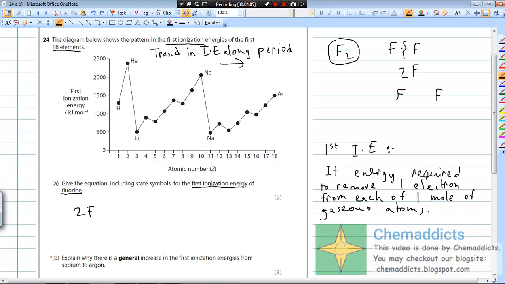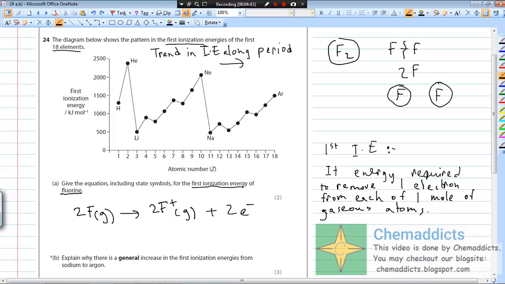If we break this molecule into atoms, we get 2 individual atoms, which exist as gaseous atoms. Then by removing electrons, we will get 2 F plus, positive fluoride ions, plus 2 electrons.